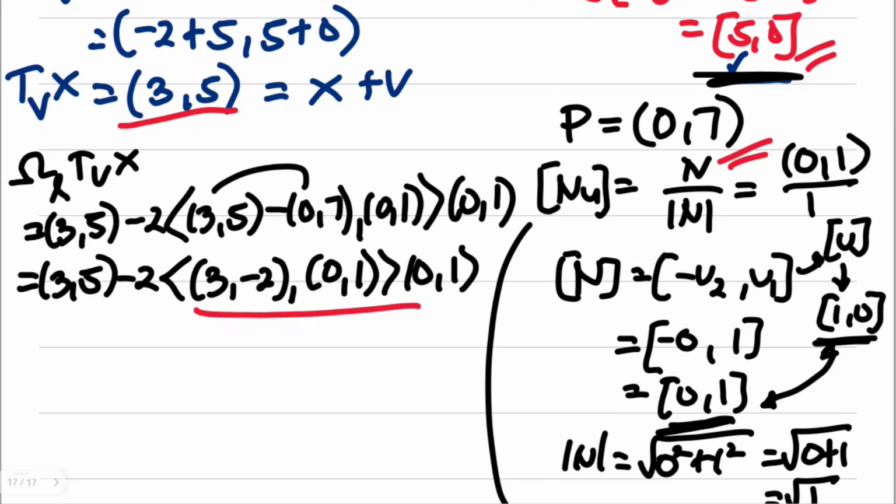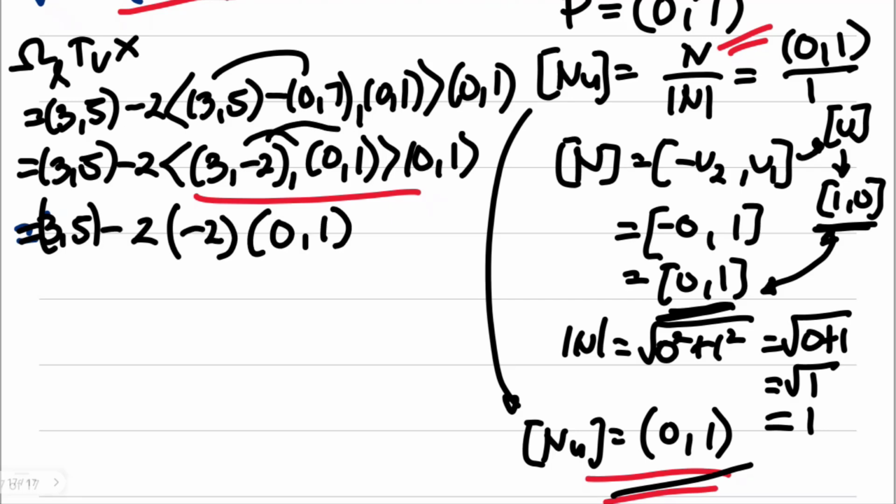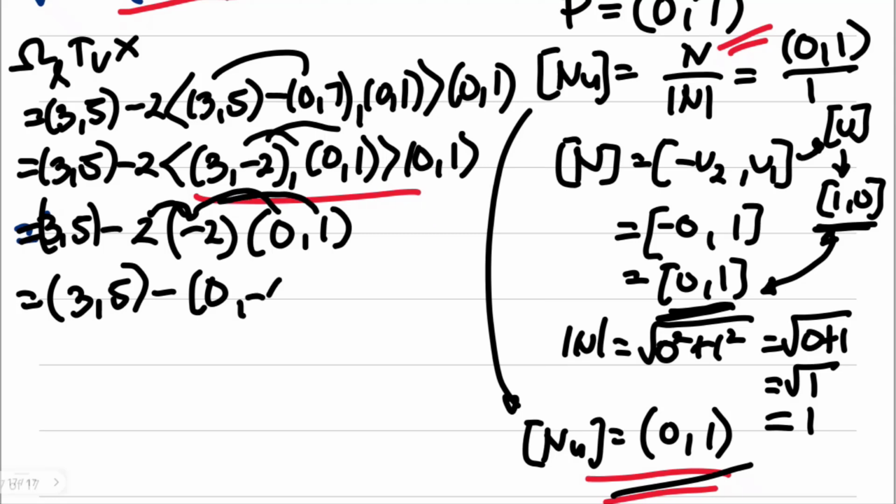You will be adding the product of the components. 3 times 0 is 0, plus negative 2 times 1 is negative 2. So 2 times negative 2 is negative 4, times 0 and 1, so you will have negative 4 and 0... so 0 and negative 4.